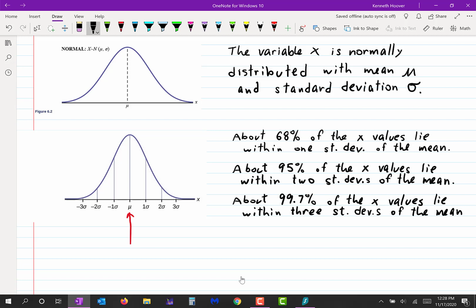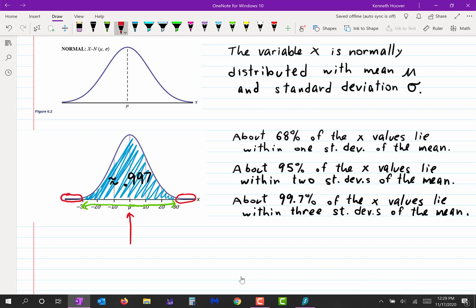So that means almost the whole thing, 99.7% of the area. So that's almost all of the area lies within 3 standard deviations from the mean. Okay? So there's very, very little area out here and here.